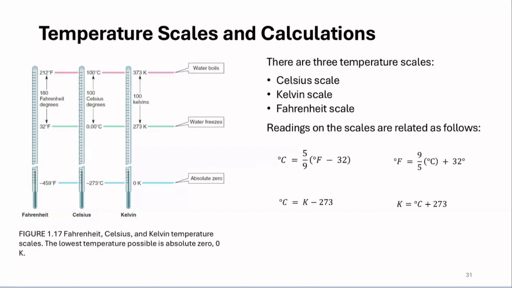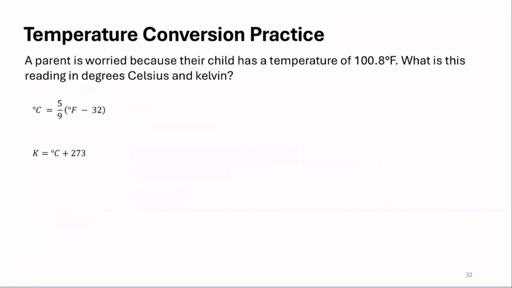Let's do a practice problem for temperature conversions. The following problem reads: a parent is worried because their child has a temperature of 100.8 degrees Fahrenheit. What is this reading in degrees Celsius and Kelvin?